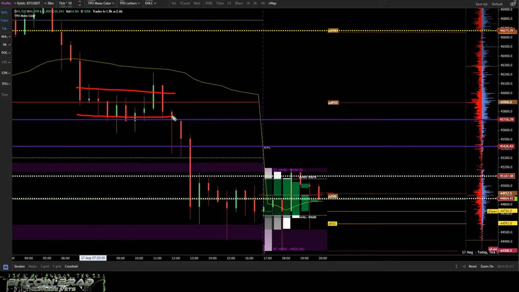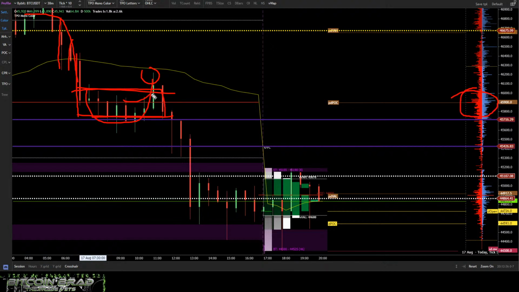That's what structure is all about. Makes sense, right? Comes up, we get a little bit of excess, right? And we have excess, imbalance, value. We confirm value by volume. We get some excess on this new structure, right? If you could break these up, that would be ideal, but you can't.